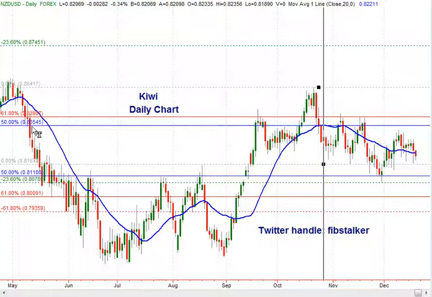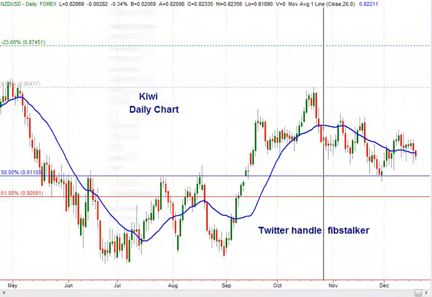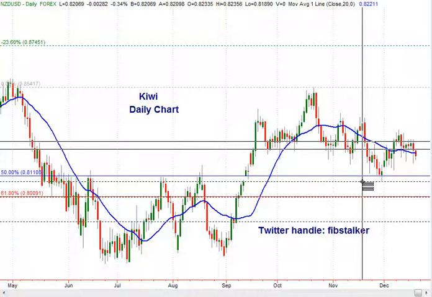First measured move 0.8854, price getting into the first target here, and the second, or subsequent, measured move failing, as you can see here. And when that happens, that happened after a reaction from a level of support here.